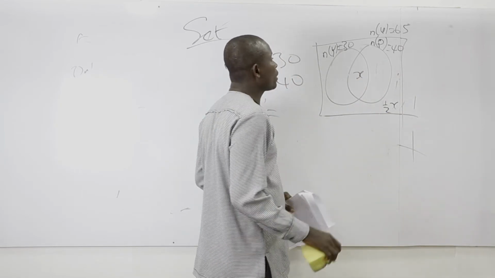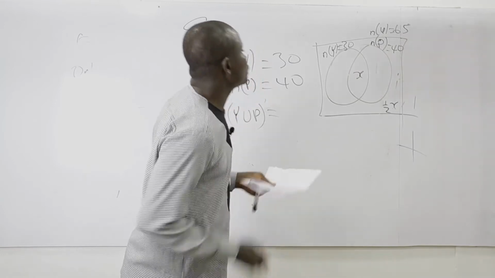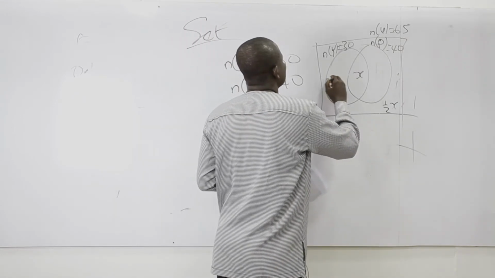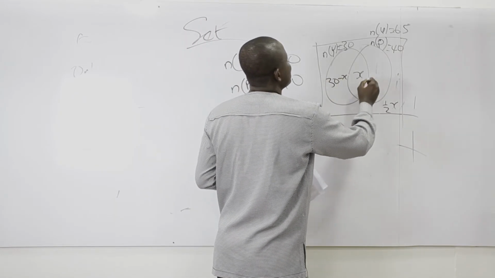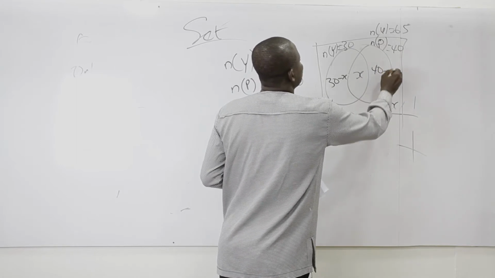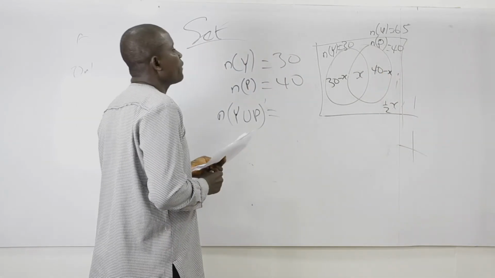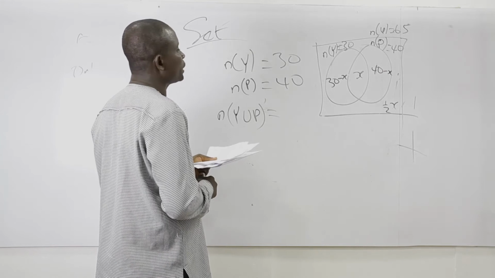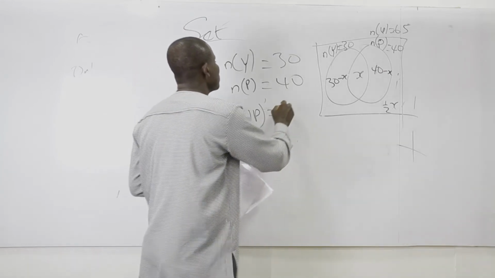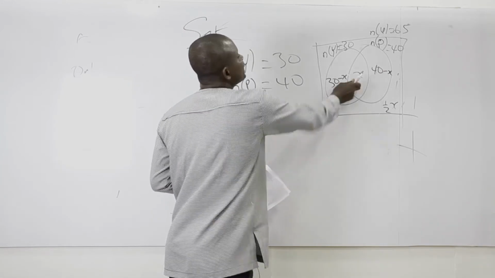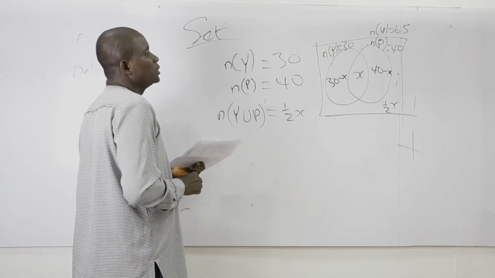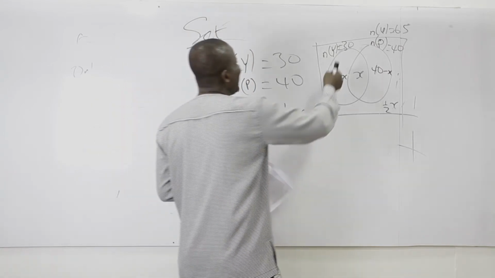So that's what we are having now. Having gotten this information, here becomes 30 minus x, and here becomes 40 minus x. So if I want to work it, I have 2 ways of solving this. Here now it's half x, and the intersection is x. I can just write this 30.